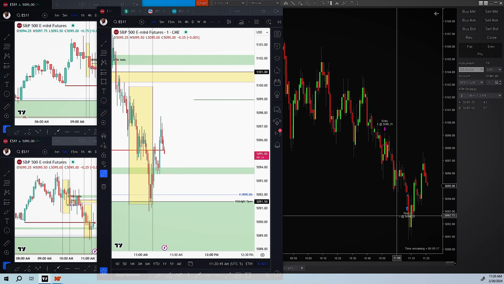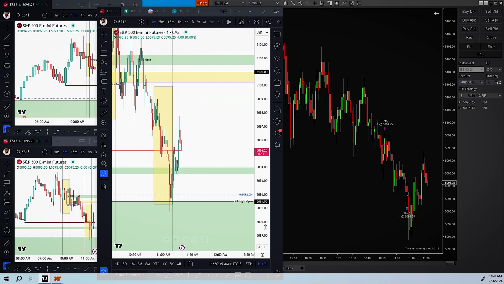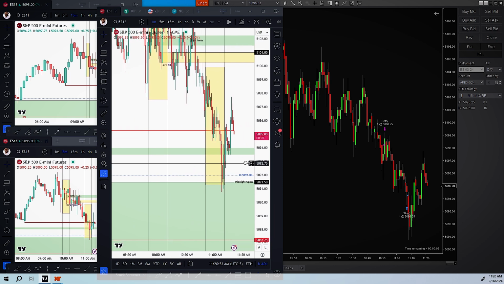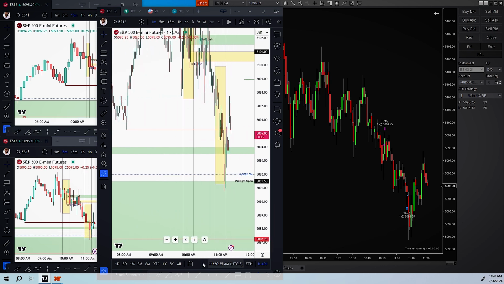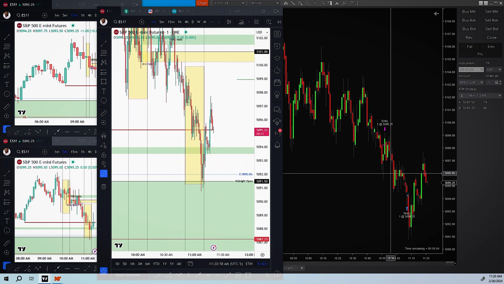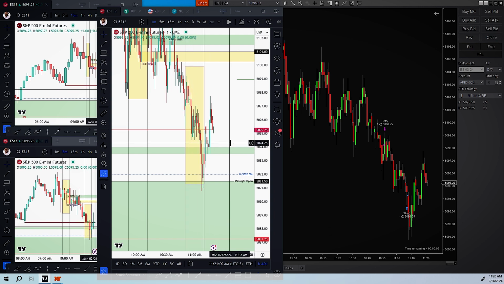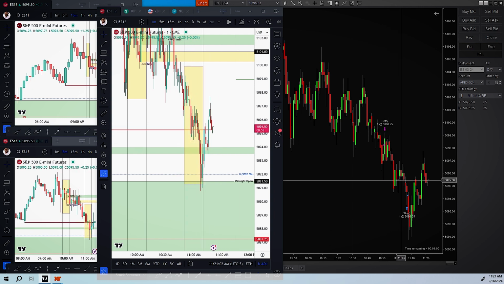Could I have gotten 5 out of it? Yeah, probably could have, but price has been choppy today. Once we took out those lows, I set my ATM to lock in 4.